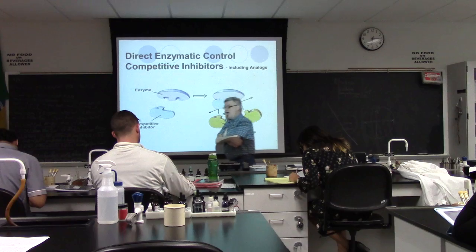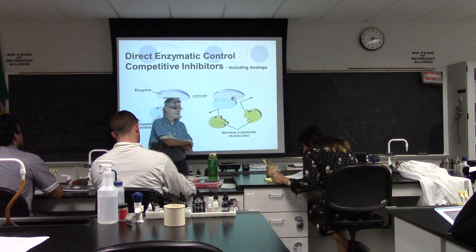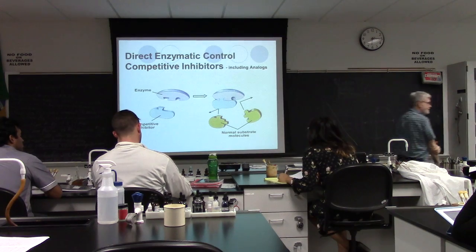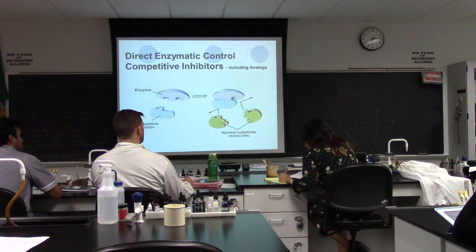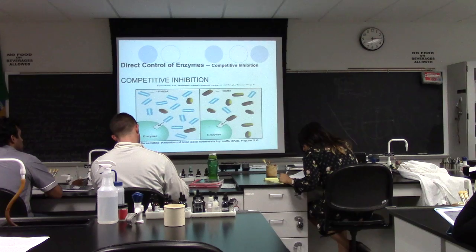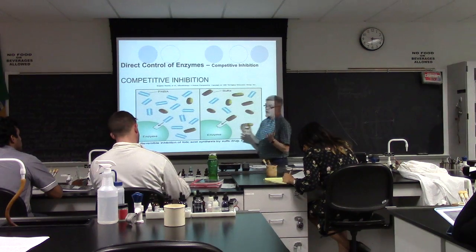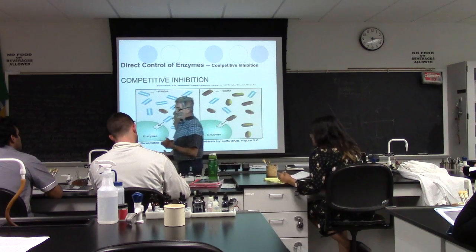All right, so the most successful early treatment for bacterial infections was sulfa drugs. And if you recall, all living things need an essential compound called folic acid for life.